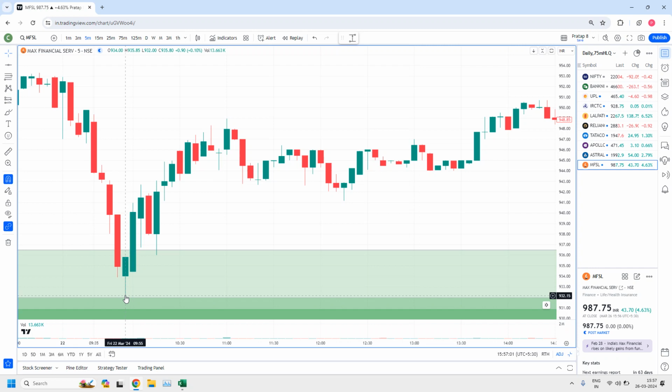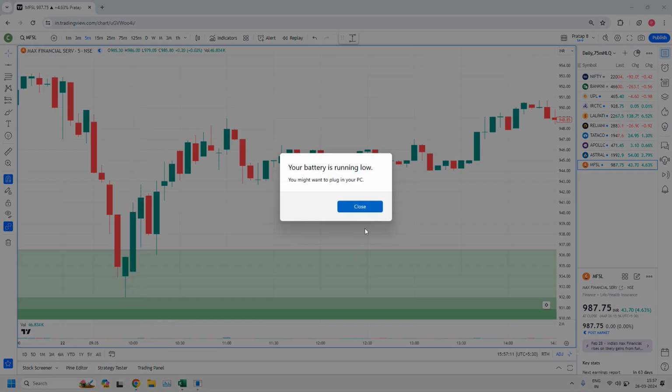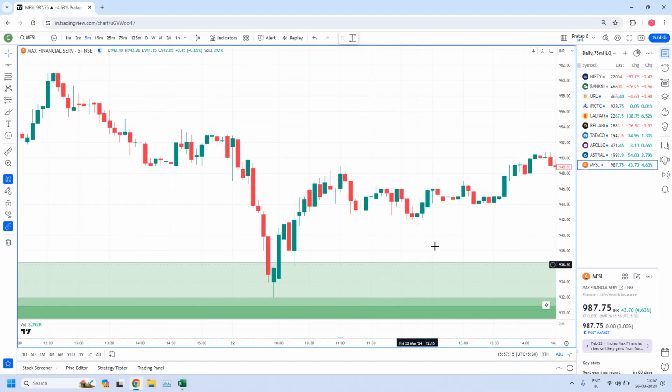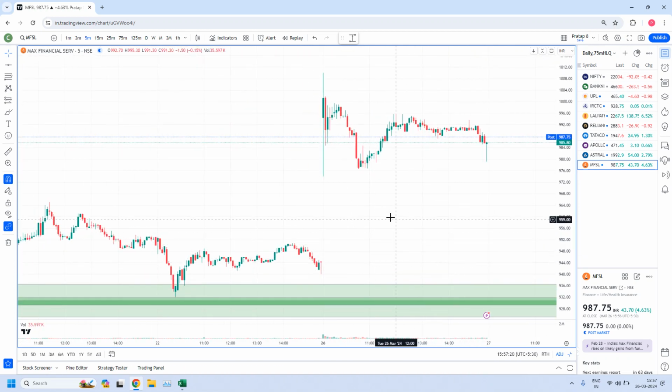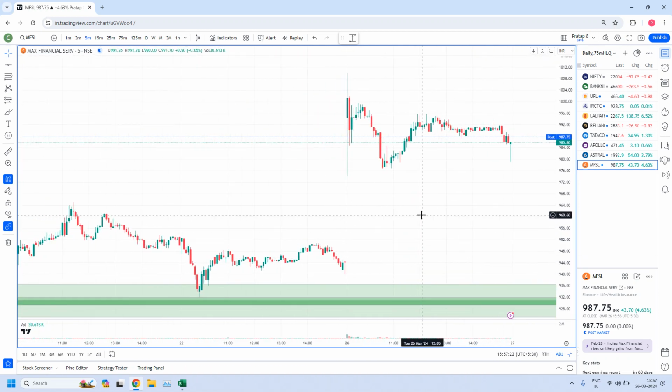Maybe from the last minute of this 5 minutes candle, it might have entered, rejected and continued after that. And anyway, today prices did not come into this zone. So this is about the high liquidity zones we identified.